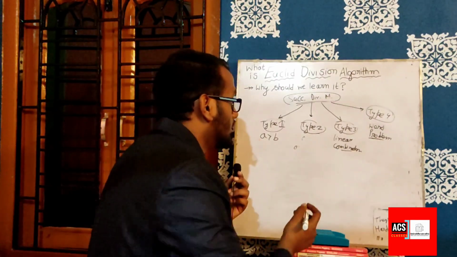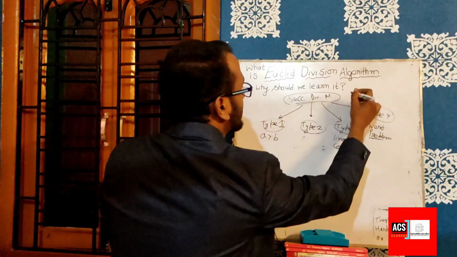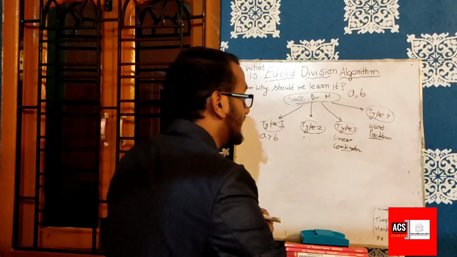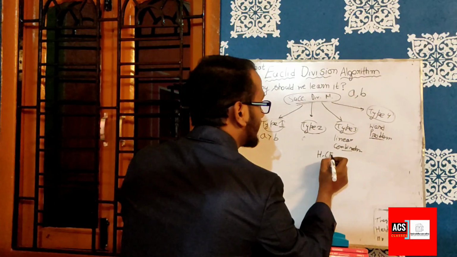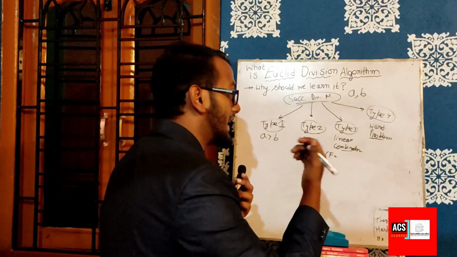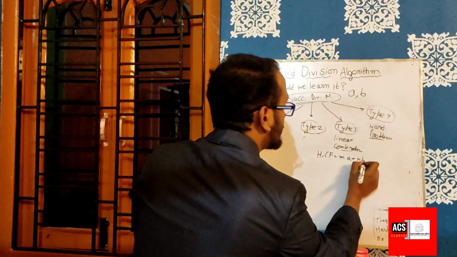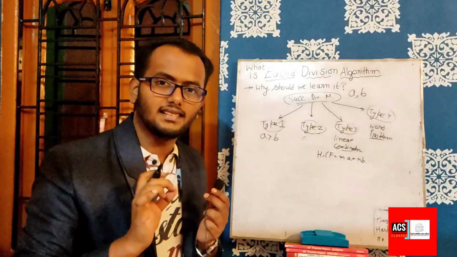Let's say A and B are two given positive integers. Then they will say, find the HCF as a linear combination of A and B, like M into A plus N into B. It could be of various forms. I will show you the various forms.